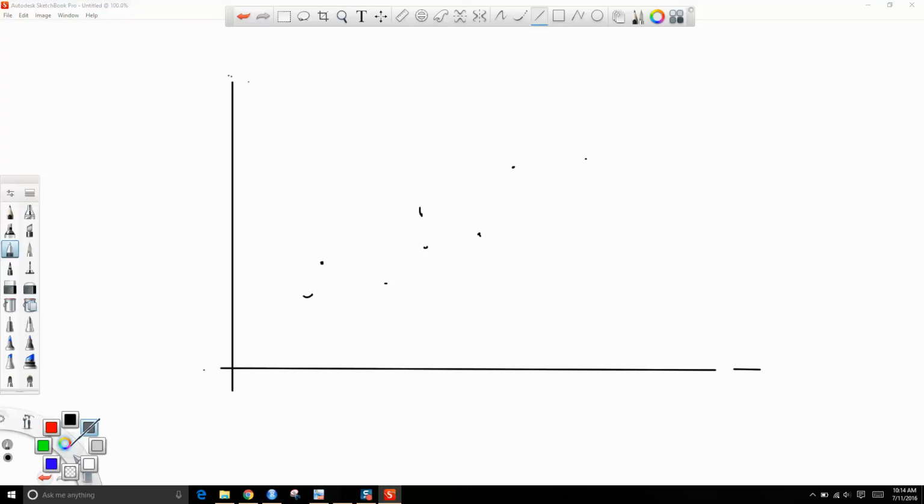If I were to create a data set like this, something like this, how do we decide which line is the best fit line?